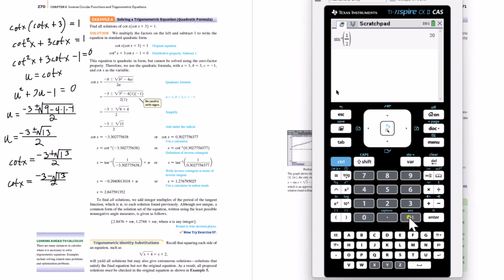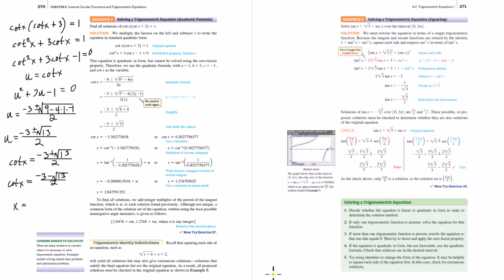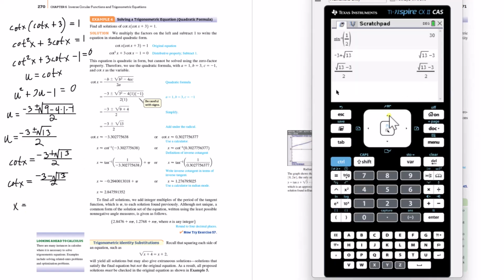If we take minus 3 plus root 13, divided by 2, that's the inverse cotangent of this. That's what we're doing here. So x is equal to, okay, we're in degree mode. For cotangent, I think the range is 0 to pi, or 0 to 180. So we should get something between 0 and 180 here.